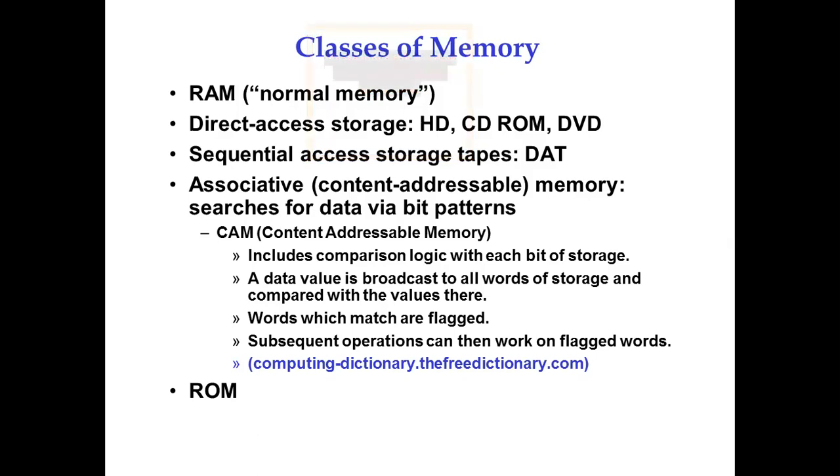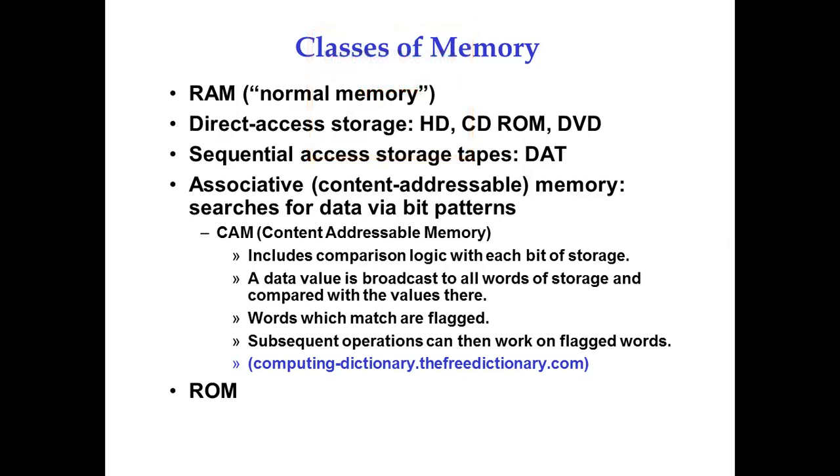Next is the associative memory, meaning content addressable memory. It searches for data via bit patterns, so with its help we can search the data using bit patterns. Within associative memory there is CAM, content addressable memory.